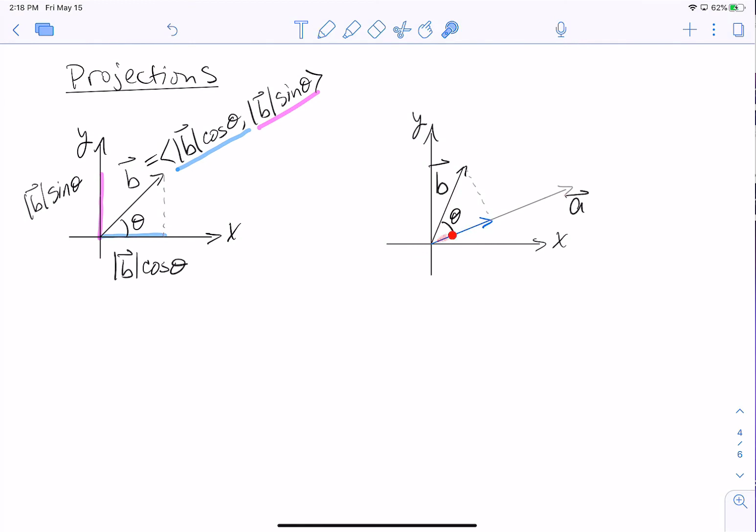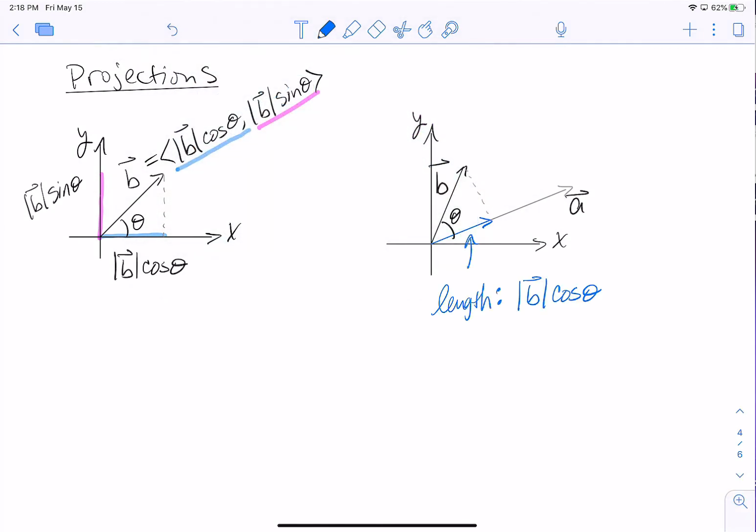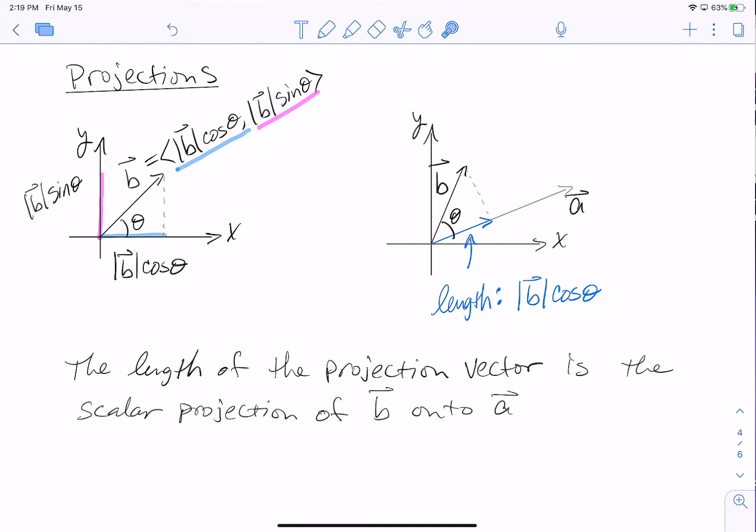The blue portion that's projected onto A has a length of magnitude of b times the cosine of theta, just like it did in the previous picture. I was trying not to use the word projection a minute ago because we hadn't introduced it, but that's the best way to put it. In the previous diagram, b projects onto the x-axis with a magnitude of b cosine of theta.